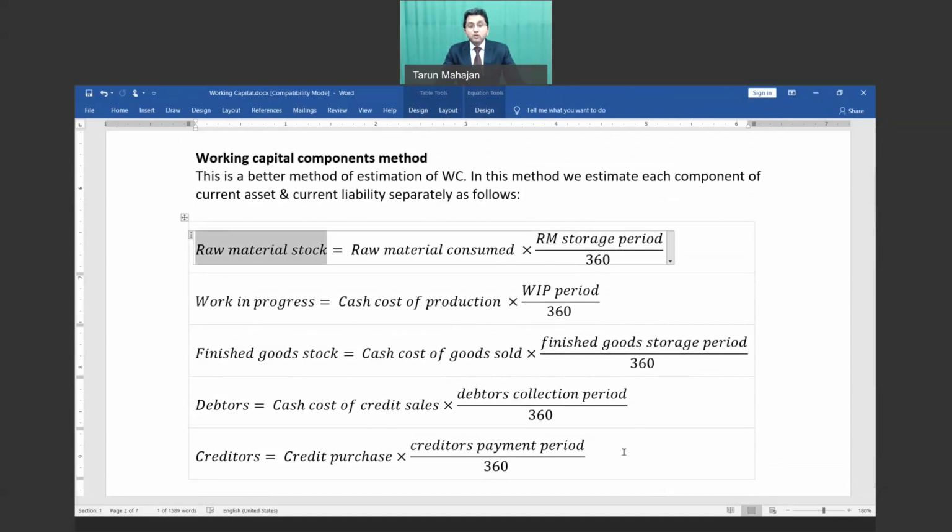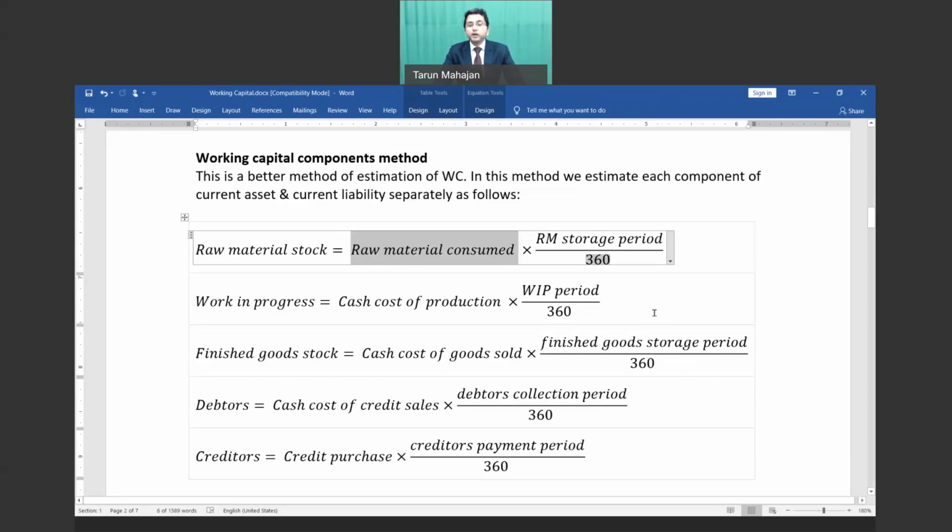So how do I calculate average stock of raw material? I need to estimate raw material consumed. How do I estimate raw material consumed? Simple. The number of units that will be consumed in a year multiplied by cost per unit. Then I divide it by 360. When yearly consumption is divided, why 360?